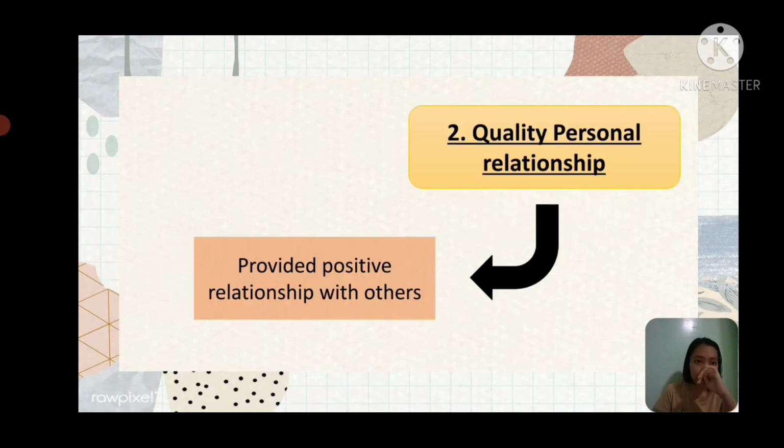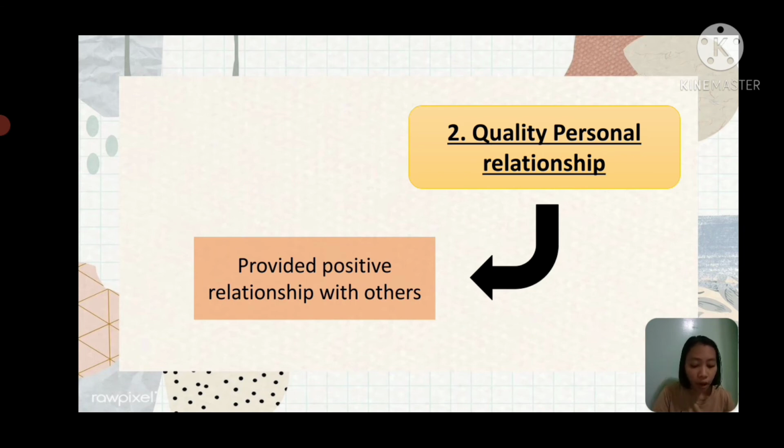Next, quality personal relationship. It provides a positive relationship with others, and it has a big impact for learners to show their ideas, thoughts, and experiences.